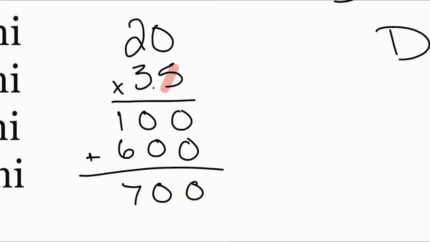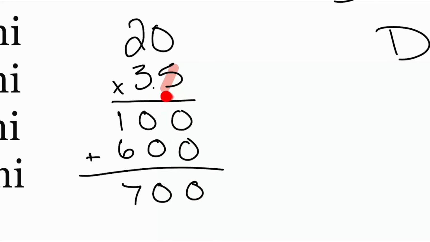But my party people, is the answer going to be 700? No, not at all. What we need to do is, again, bring the decimals back. Got to be careful there, right? We saw over here that we don't have any decimals on the 20, but we have one right here on the 3.5.